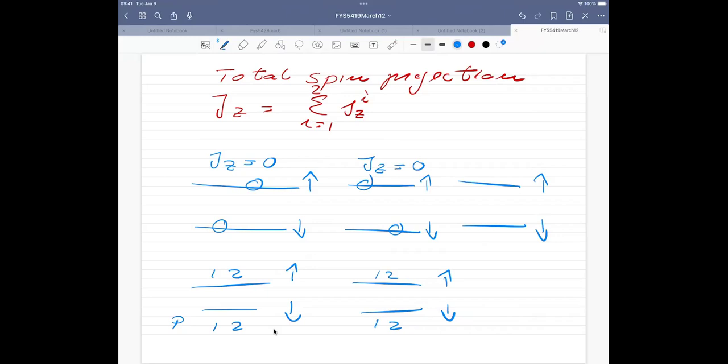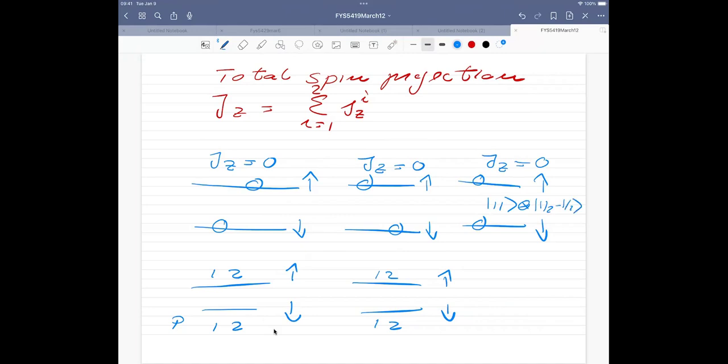Now, the first case was the one which was pretty simple. So I could have this case here. That will give me J_z again equal to 0. So then this state here would be 1, 1, and this would then be set together with the spin 1/2 and minus 1/2.